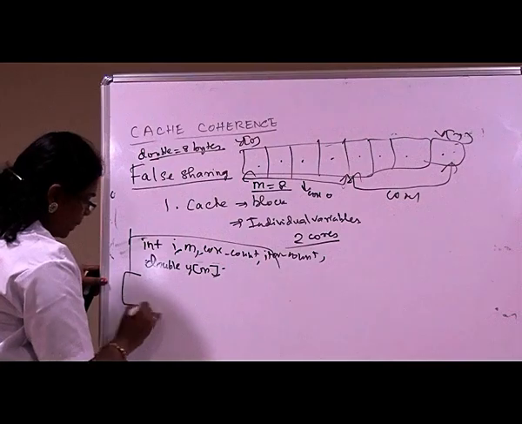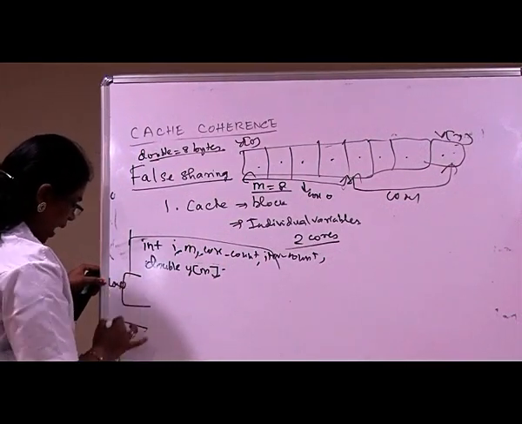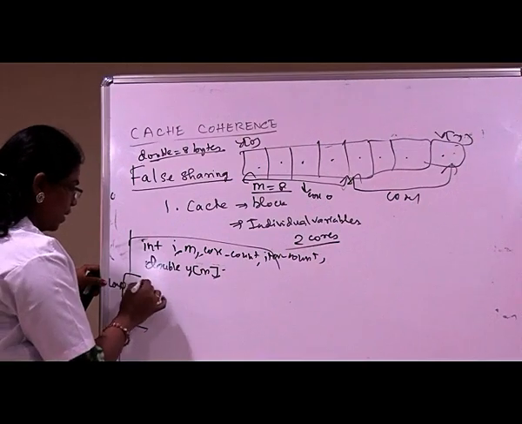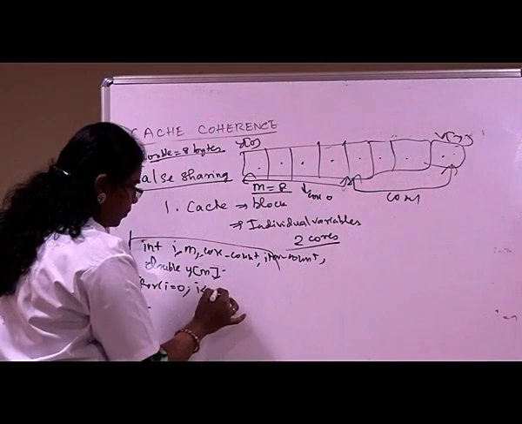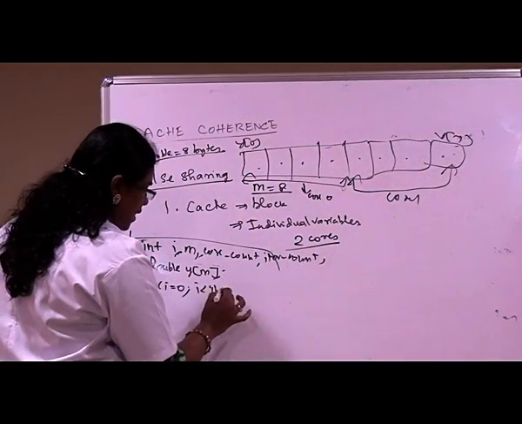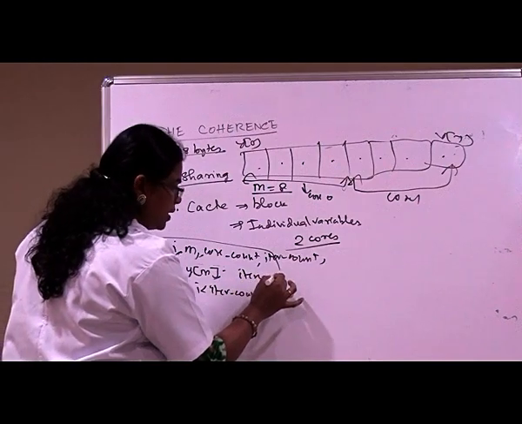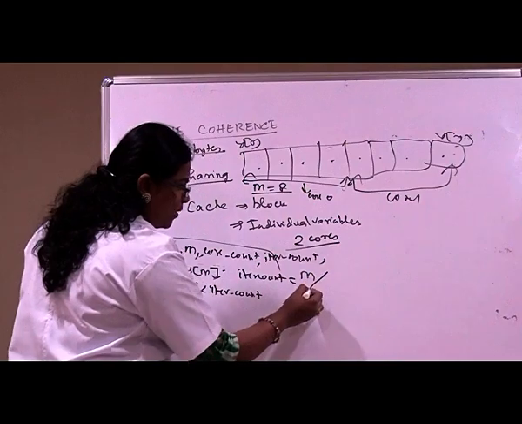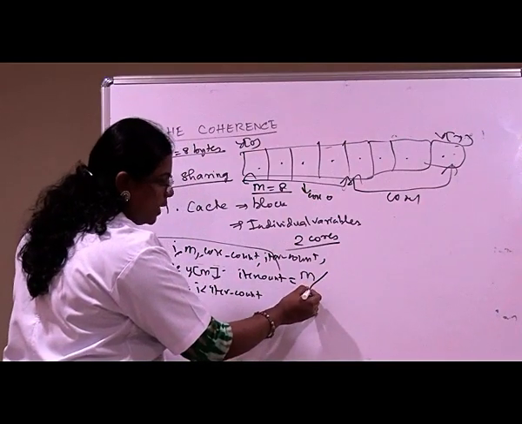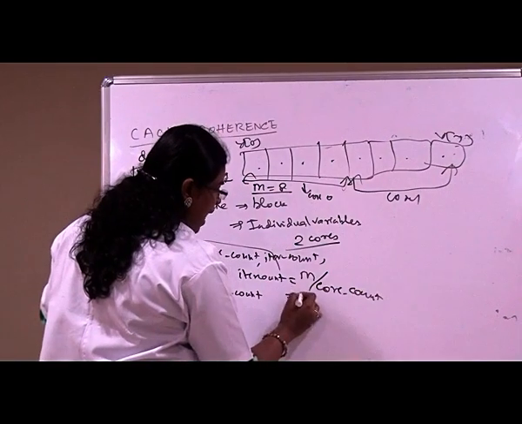I have to parallelize the code between 2 cores, core 0 and core 1. Core 0 will execute for i equal to 0, i less than iteration count. Iteration count is nothing but the total value: here we have 8 values to be fetched, added by 1 and stored back, divided by core count. Here we have 2 cores, that is 8 by 2.